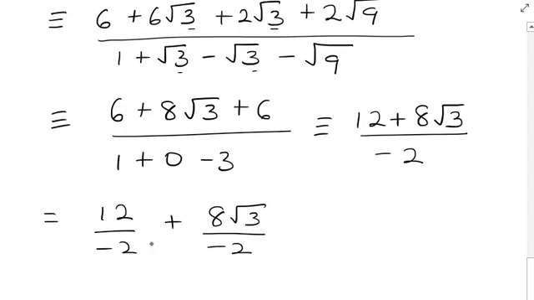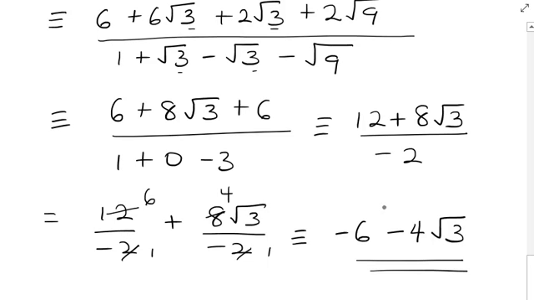So 2 will go here 1, 2 will go here 6. So I have minus 6 left there. 2 here 1, 2 here 4. So we'll write it as minus 6 minus 4 root 3. You don't want to forget the minus signs below the 2. So this is our final answer.